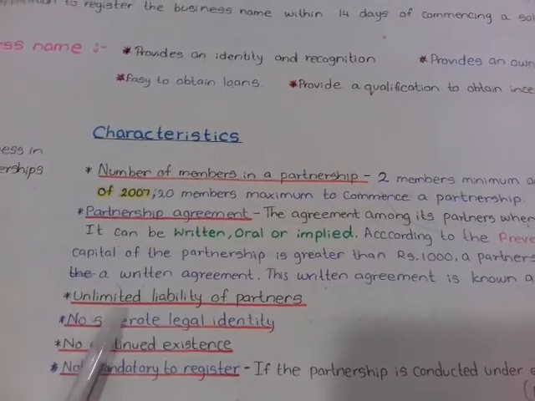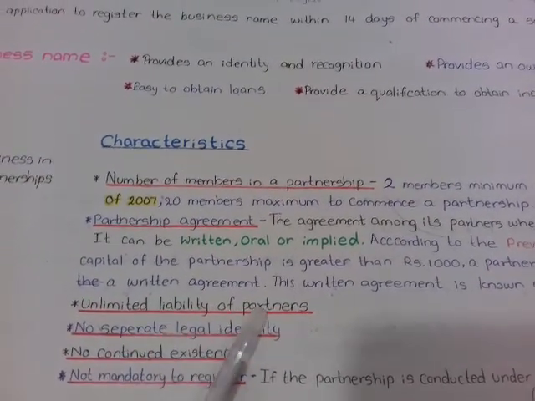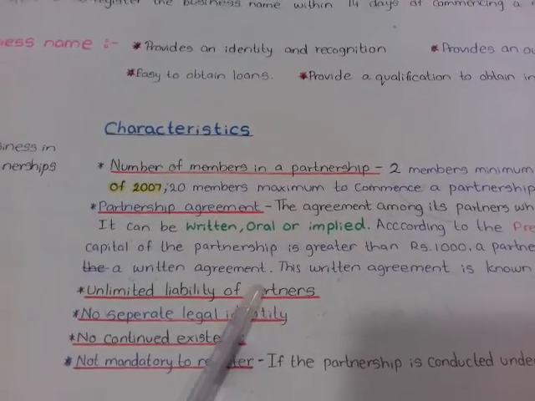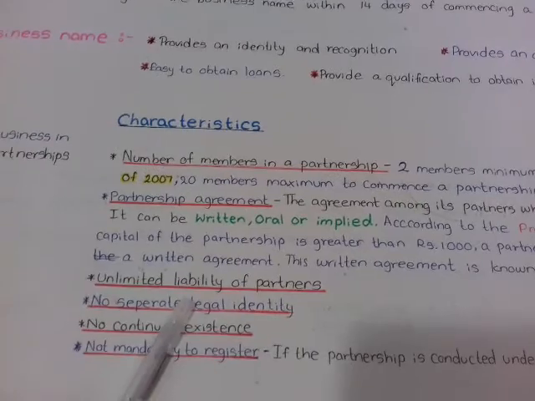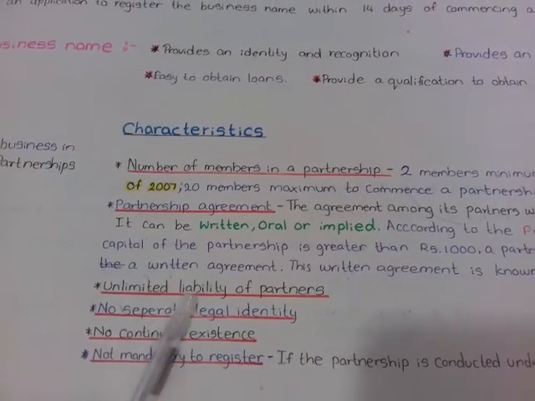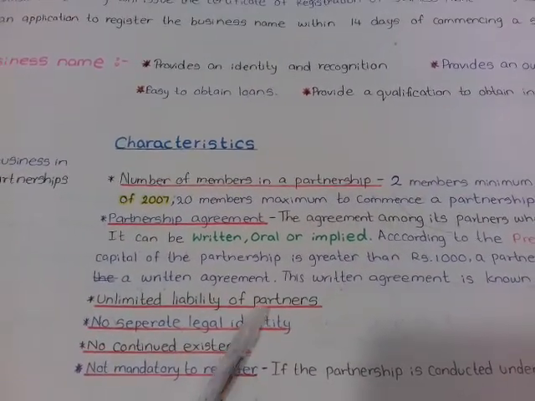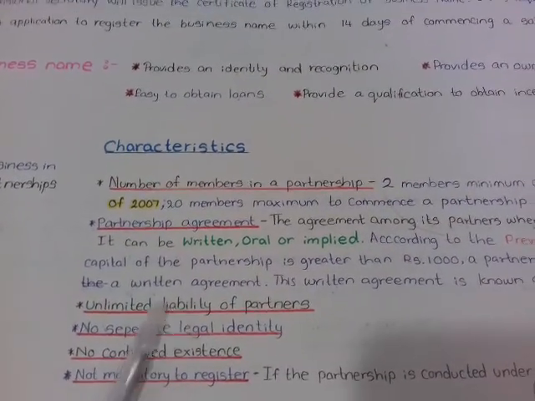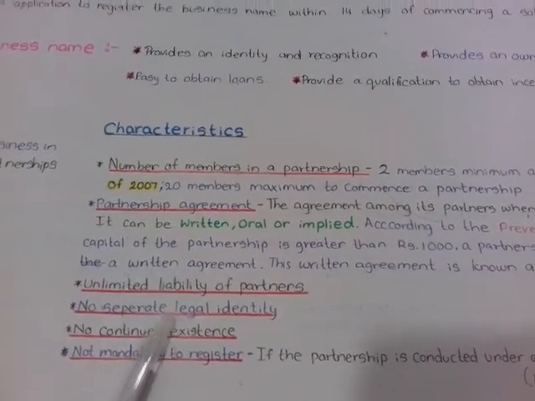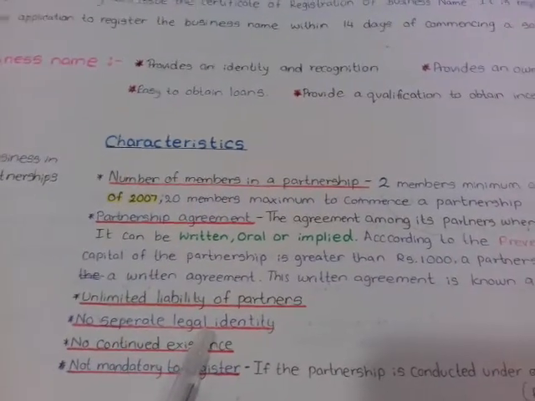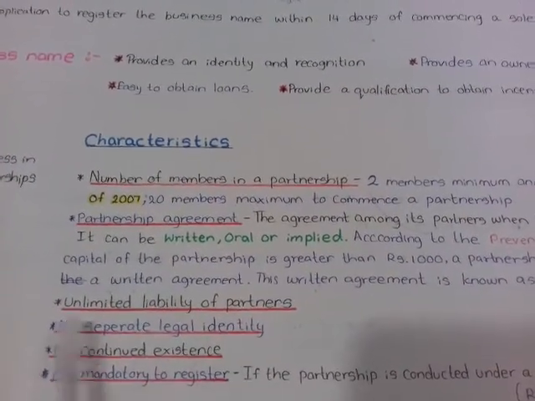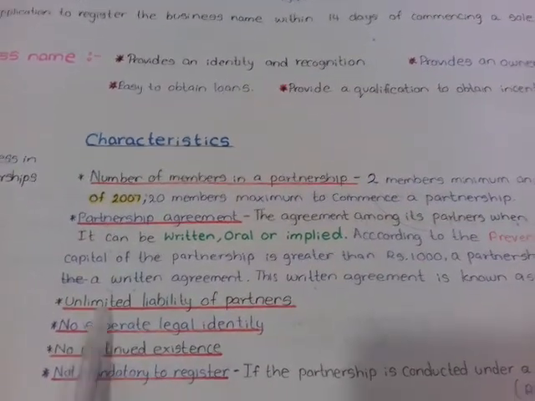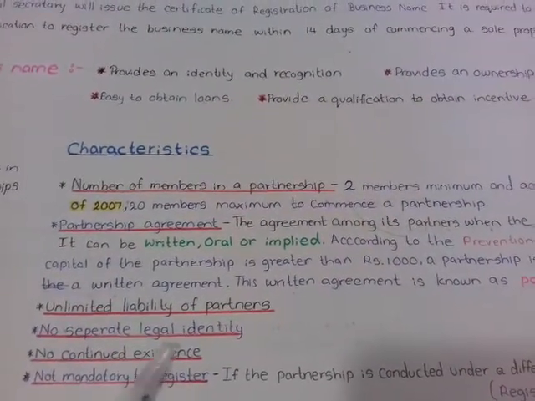And here, unlimited liability of partners, just as we said in sole proprietorship. If there's a debt you have to pay, then the partners should sacrifice their properties to pay off their debts. And no separate legal identity. There also it is the same as sole proprietorship. And no continued existence.